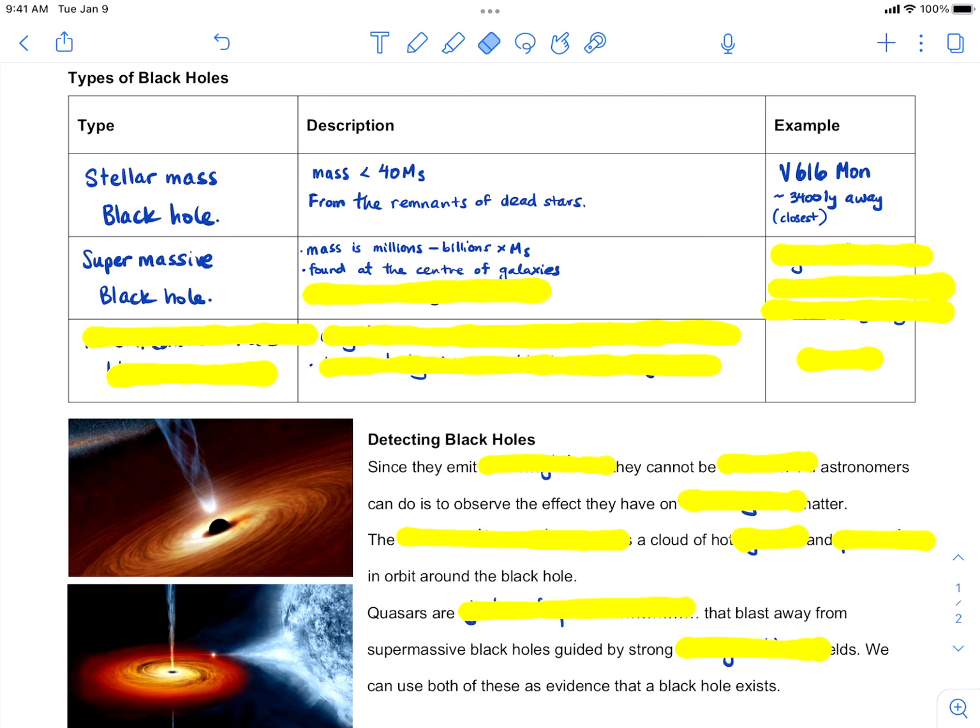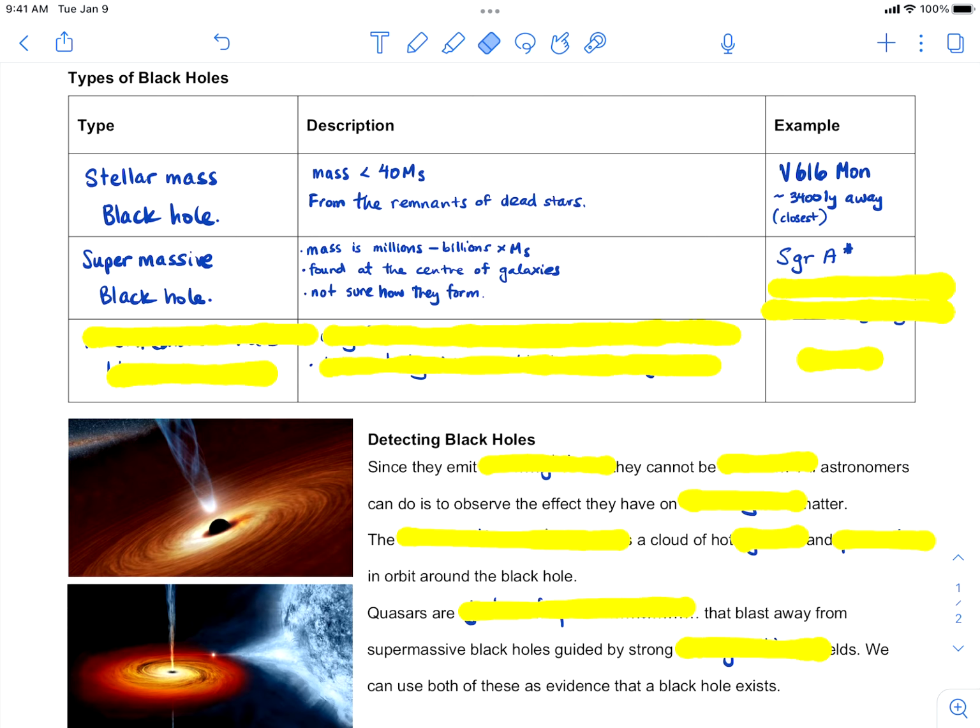And they're usually found at the center of a galaxy. And that's true for us too in the Milky Way. We're still not sure how they form, because given the age of the universe, even if a whole bunch of stellar mass black holes combine together, we're still not sure how these got so big. There are some theories out there, but we're still not really sure where these supermassive black holes came from or how they got so big.